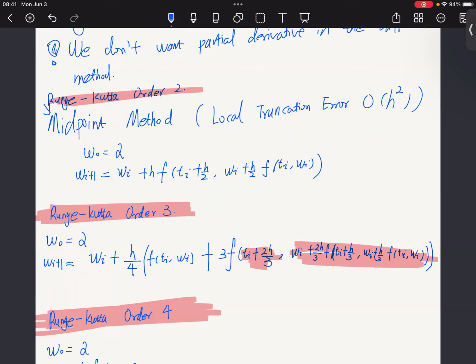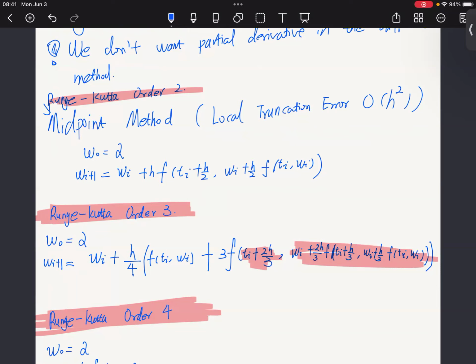This kind of method, including Taylor's method, Euler's method, and Runge-Kutta methods, just needs the one step prior to our current step, the information here.